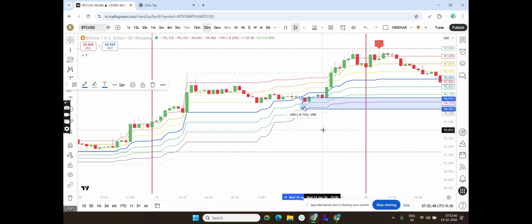Whenever I teach my students, I tell them: first, learn to save your capital. Learn how to sustain in markets for longer periods with the same capital. Once you learn to save your capital and sustain in markets, then profits will definitely come.